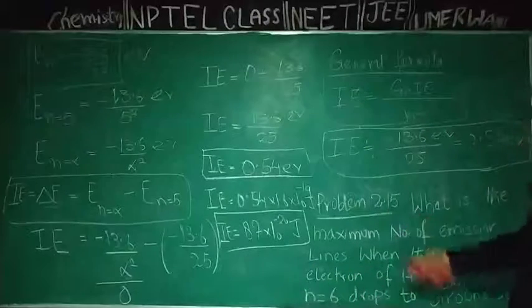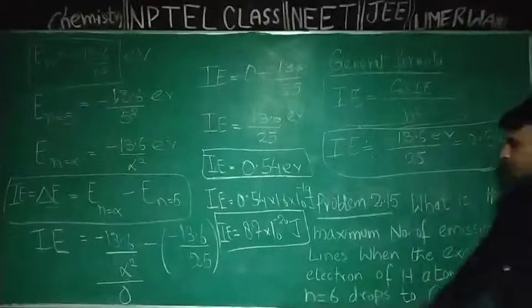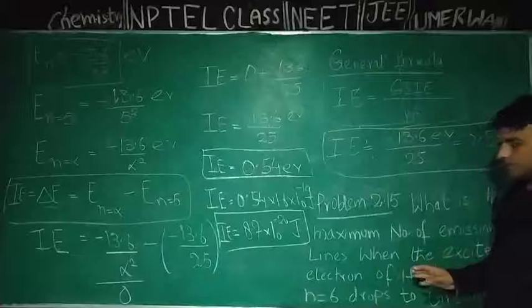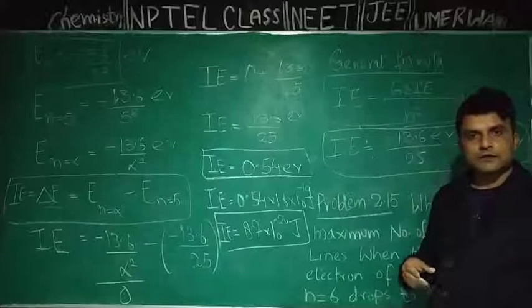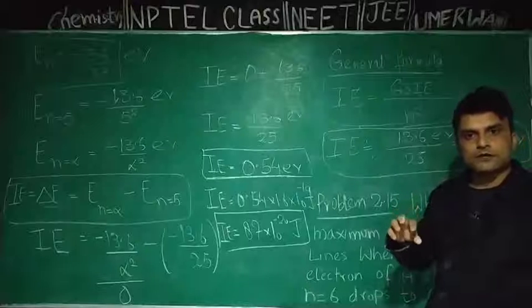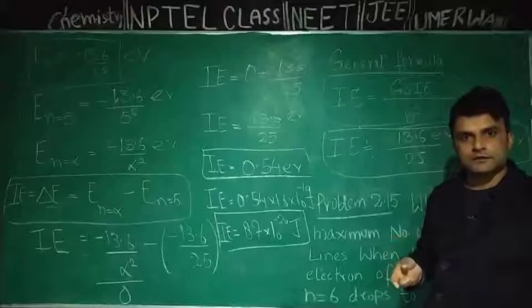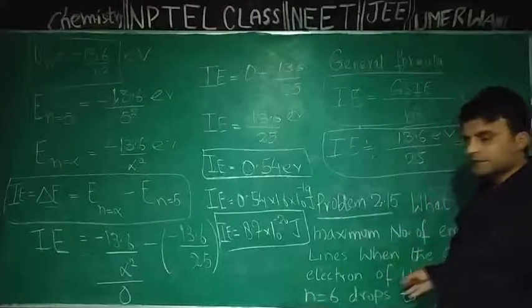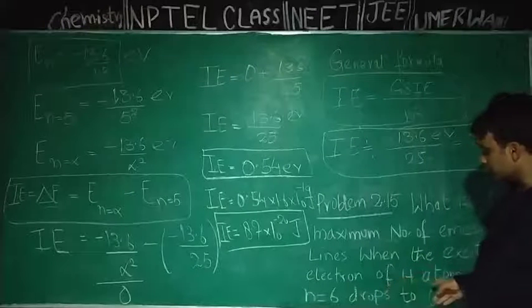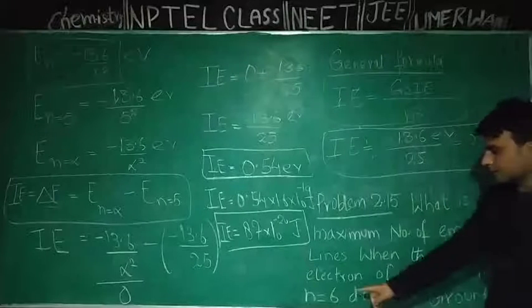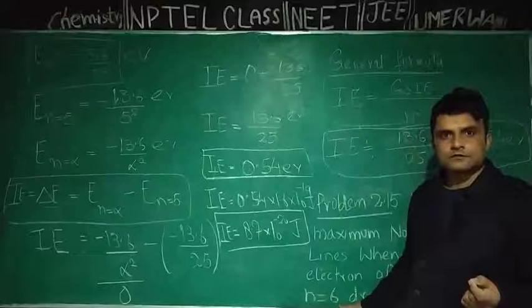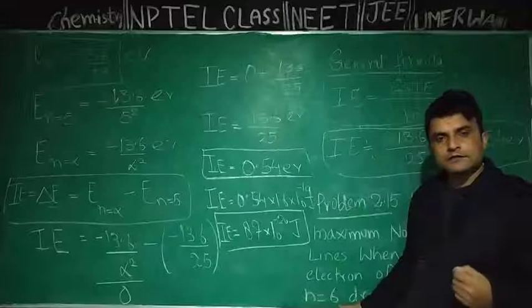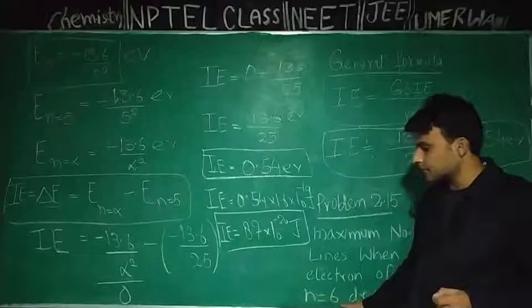Now coming to problem 2.15. In problem 2.15 it is given that a hydrogen atom is present in an excited state, and in this excited state the electron is present in its sixth orbit, n is equal to 6. The hydrogen atom has absorbed a certain amount of energy that has resulted in its excitation.